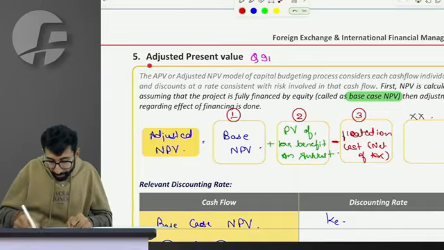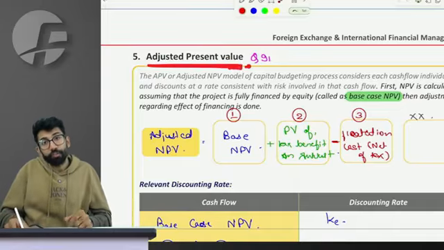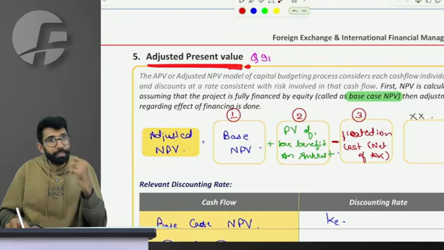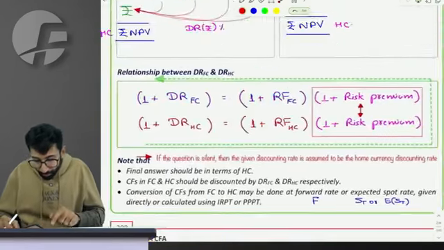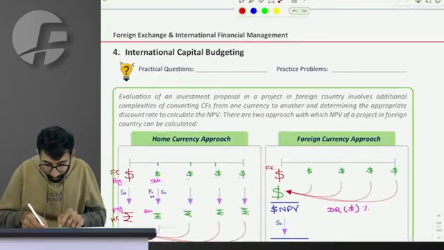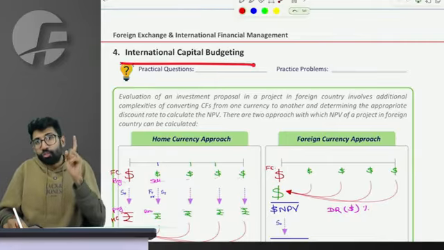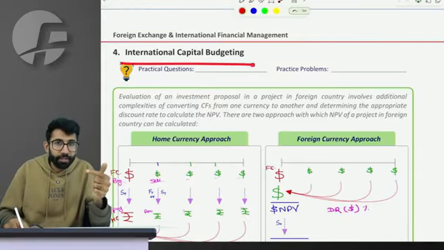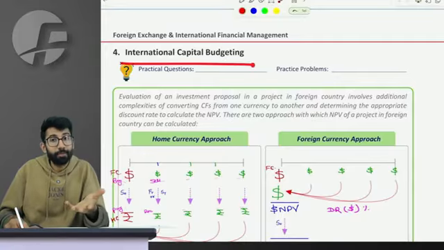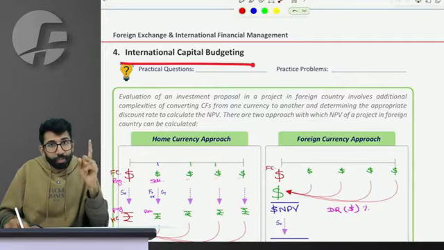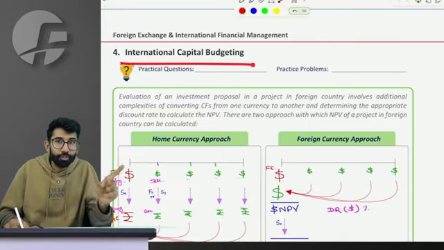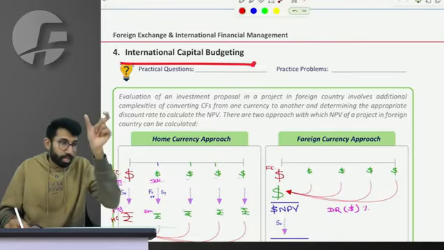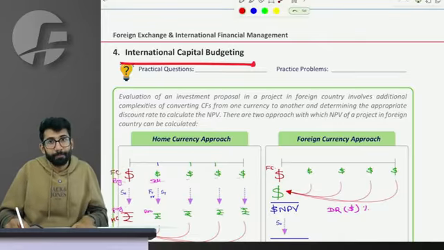Sir, in this case, we start to give effect even of the capital structure. For example, in international capital budgeting, in fact, in the capital budgeting that you have learnt in CA Inter, or even at the final level, we never give the effect of capital structure to the cash flows that we calculate.